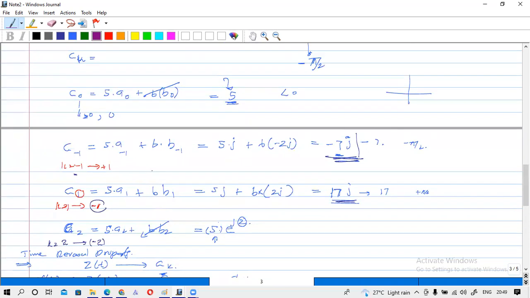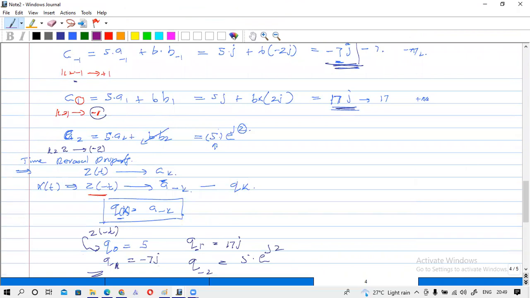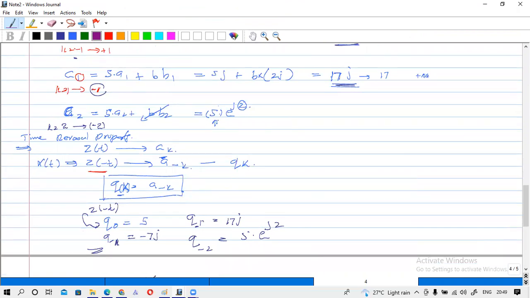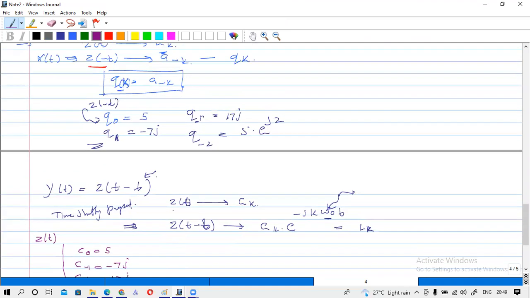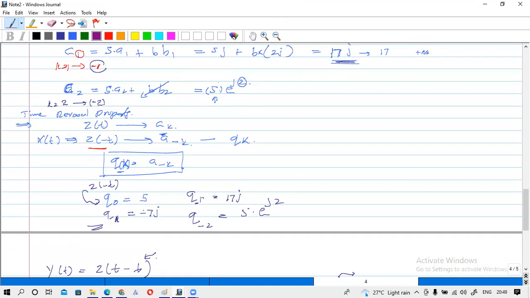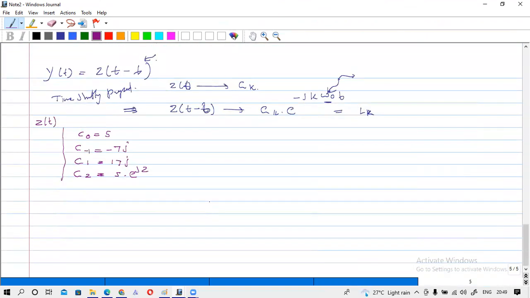C0 is 5, C minus 1 is minus 7j, C1 is 17j, C2 is 5e to the power j2. Using the time shifting property, we can easily find the coefficients of z(t minus 6).